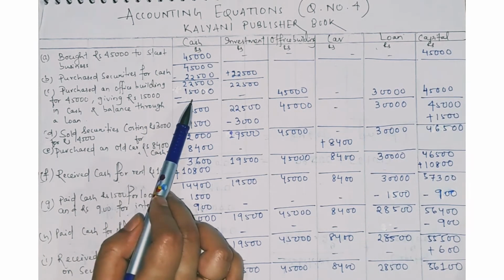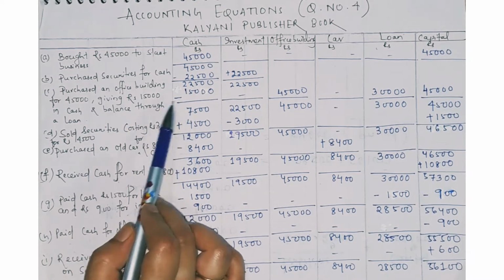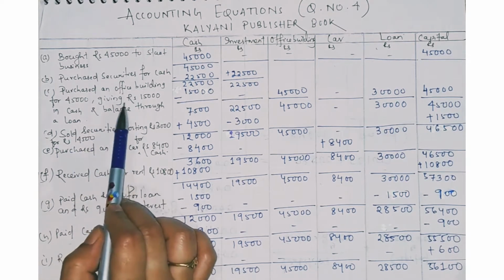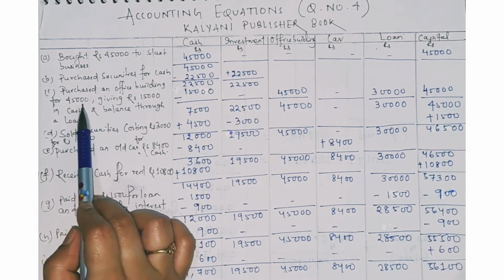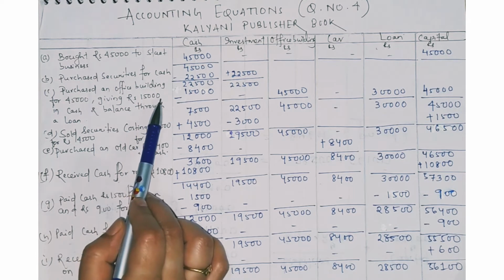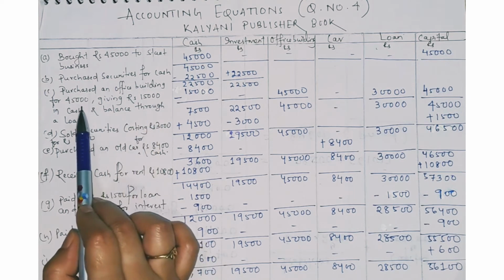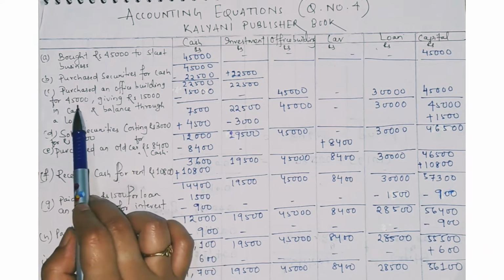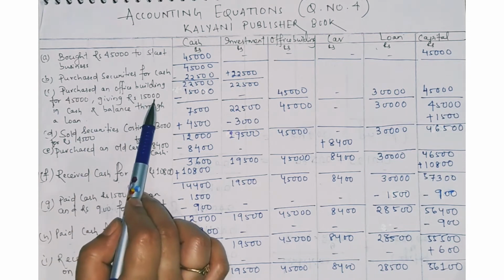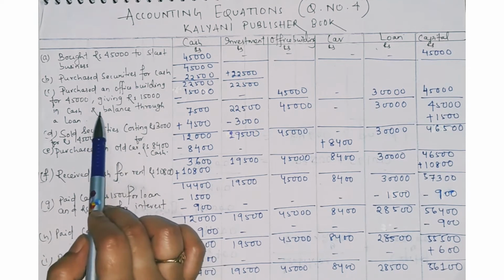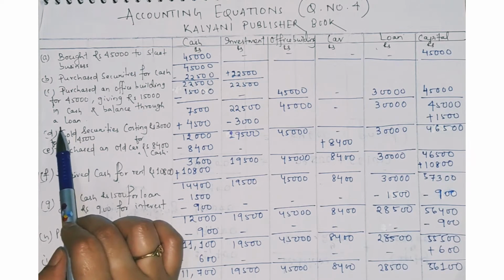So 15,000 is deducted from the cash and balance through a loan, means out of 45,000 we have given 15,000 through cash, and balance of rupees 30,000, means 45,000 minus 15,000 equals to 30,000 is through a loan.